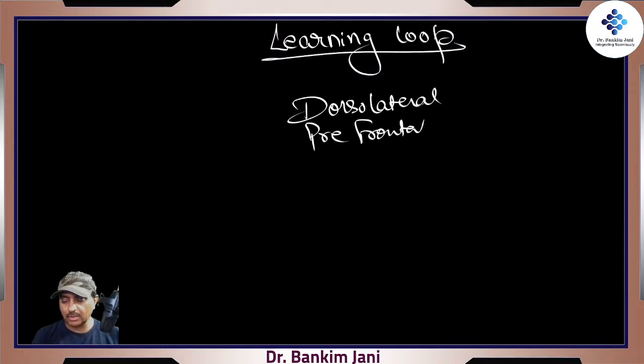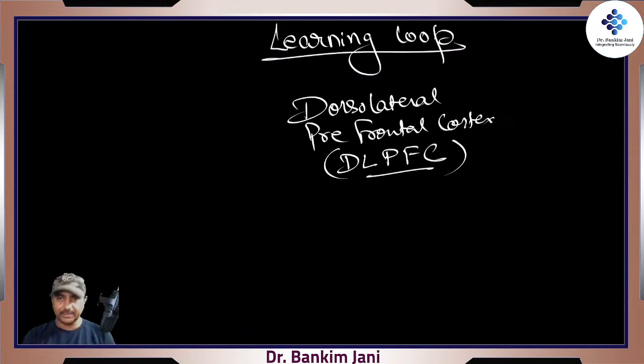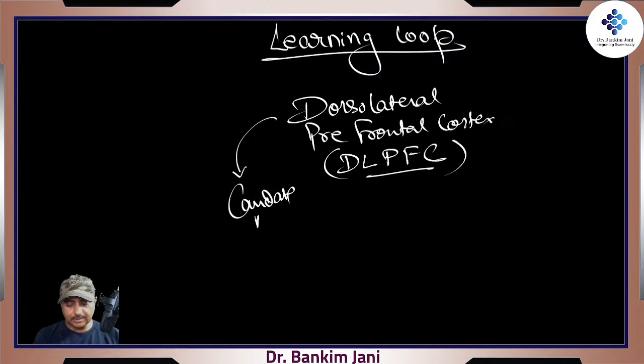Prefrontal cortex. Now, in short, we can write it like dorsolateral prefrontal cortex, right? This is how we shall write from this point onwards. It affects one caudate nucleus, but then there is one more nucleus, and this nucleus is nucleus accumbens.